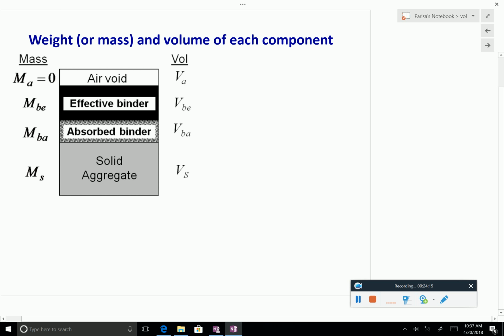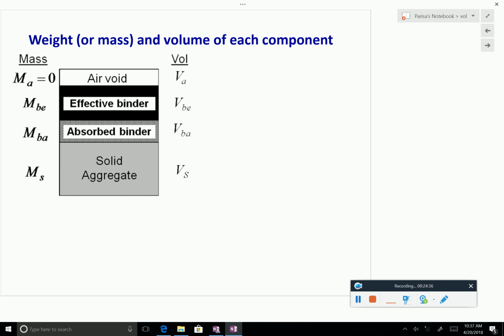Now, if you are doing soil mechanics, maybe you are familiar with diagrams like that. I don't know how each person teaches. People have different styles, but you may be familiar with diagrams like this. On one side we have mass, on the other side volume.